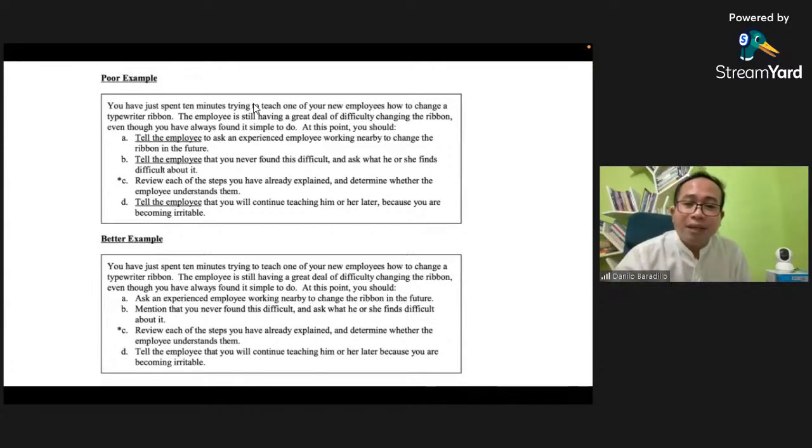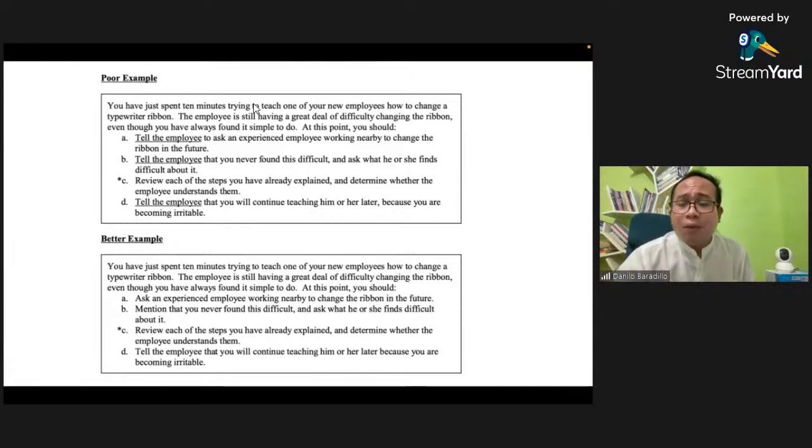The employee is still having a great deal of difficulty changing the ribbon, even though you have always found it simple to do. At this point, you should tell the employee that you have never, or you should review all the steps and then tell the employee.